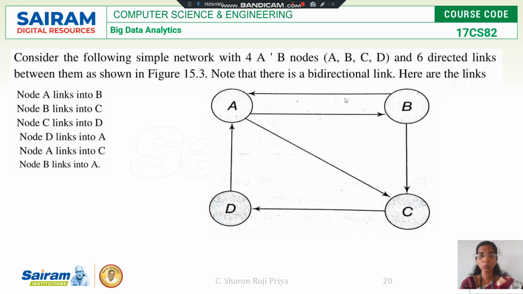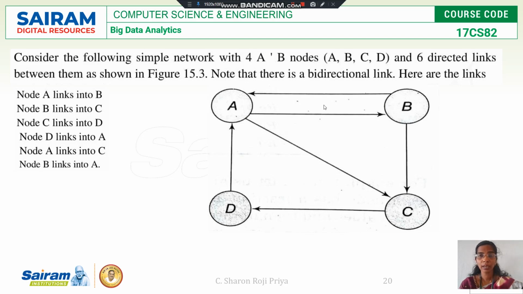Similarly, you check node B. Node B has 2 outgoing edges to A and C. Suppose there were only one outgoing edge from A instead of 2, say to B, then the complete influence of node A would be taken by node B. Now, since there are 2 outgoing edges, the influence of A is shared between B and C. So it is 50-50.